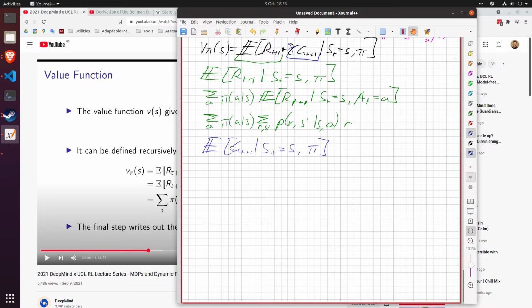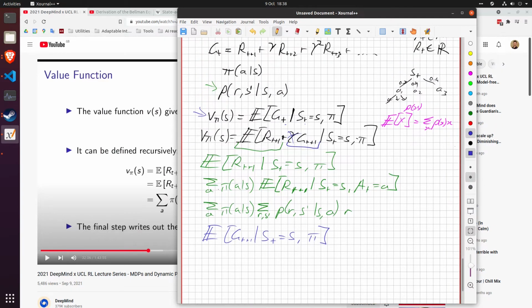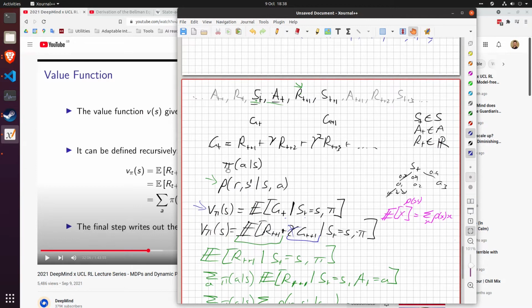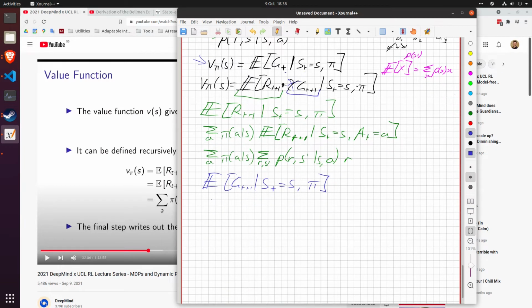So I can take the same steps as before. The first thing, again, is I want to pin down the first action that happens after we're in the initial state that we're talking about. So we're going to sum over all possible actions, probability distribution of the actions given the state. And just as before, we can't just write G here, right? We actually have to write an expectation value again of G, the return at time step t plus 1.